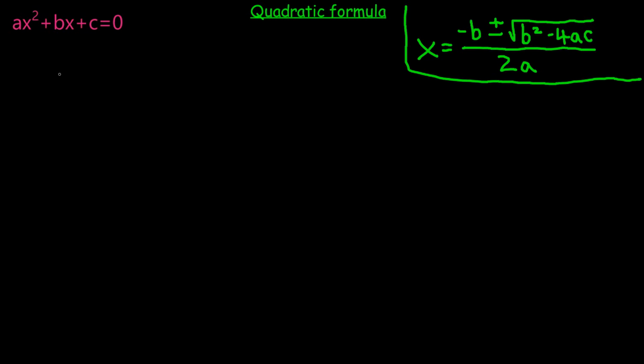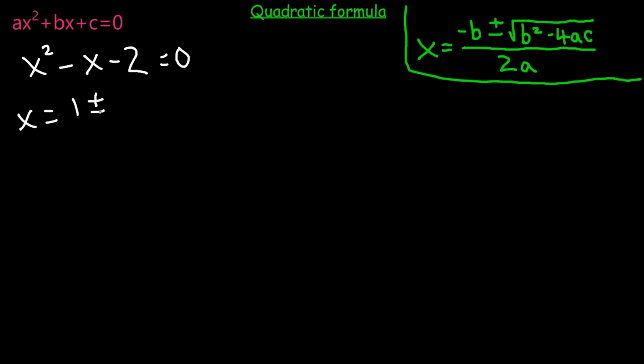So now let's start with a simple one. Let's say x squared minus x minus 2 is equal to 0. Let's use this formula, substituting our values in. So we have x is equal to negative b. Well, the value of b here is minus 1, so the negative of minus 1 is 1.